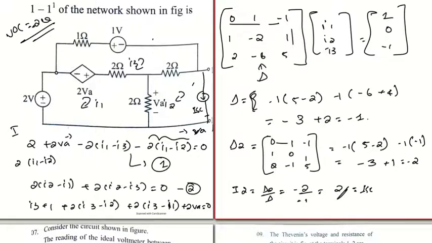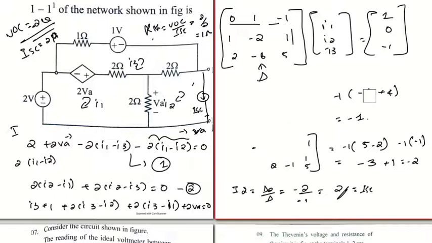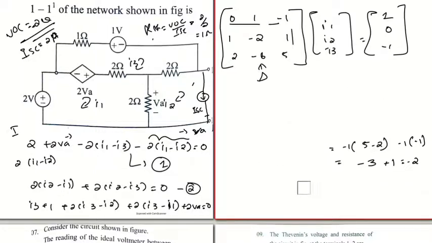So we have found out ISC equal to 2 ampere as well. So RTH is equal to VOC divided by ISC, which is equal to 2 divided by 2, which is equal to 1 ohm. Okay, so if I redraw the circuit with the Norton equivalent, the Norton equivalent means a current source in parallel with a resistance.